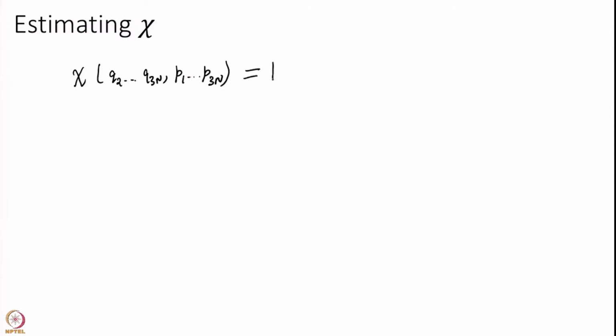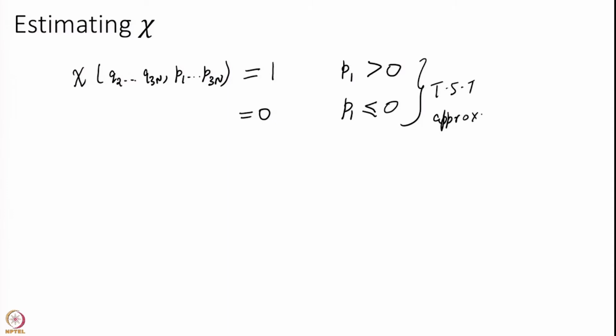This is 1 if P1 is greater than 0, this is equal to 0 if P1 is less than 0. Let us make it equal to as well to be more general. This is the transition state theory approximation, one of the central approximations that is made in transition state theory.